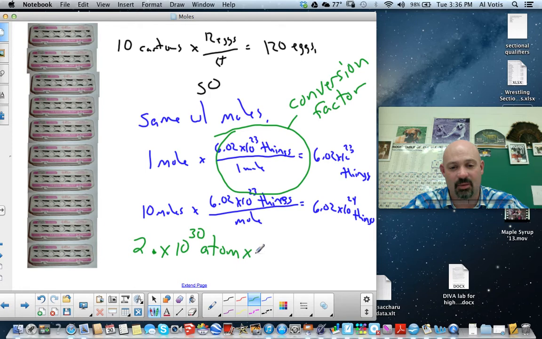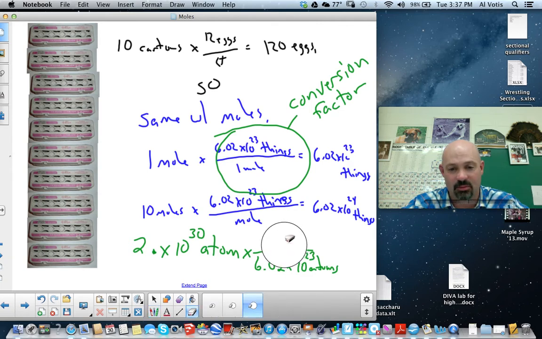I'm still going to multiply by a conversion factor, but in this case, my atoms are my thing, so to get rid of it, that has to go on the bottom, so there's where my 6.02 times 10 to the 23rd is going to be for my conversion. And there is 1 mole. Let me switch that.